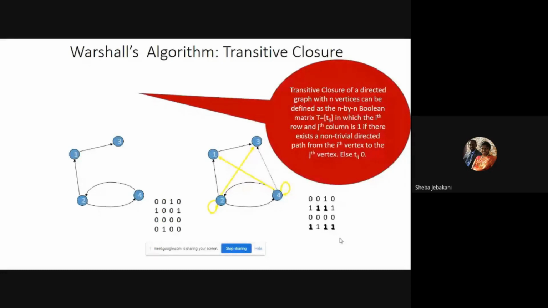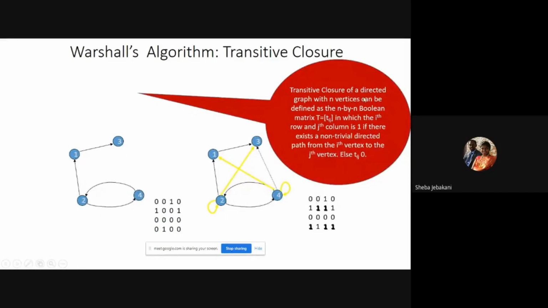So when you're talking about Warshall's algorithm, the main concept that it uses is transitive closure. Transitive closure means the transitive closure of a directed graph with n vertices. This is the definition of what a transitive closure is all about. So I'll just read the definition and then I'll explain it to you. Fine.